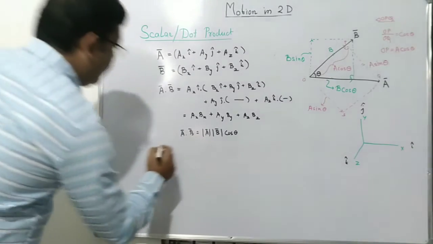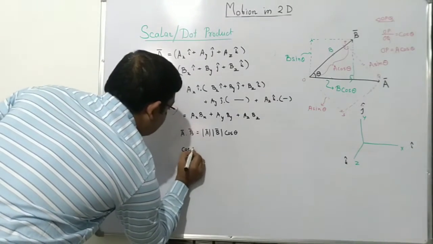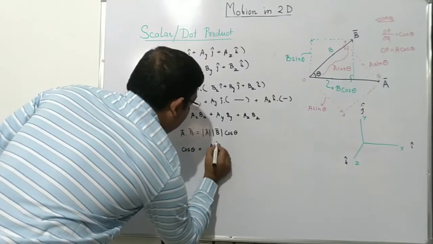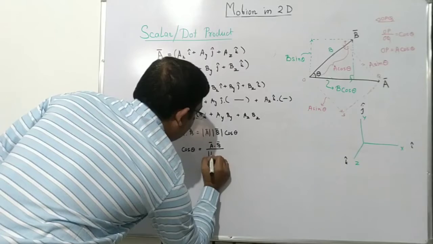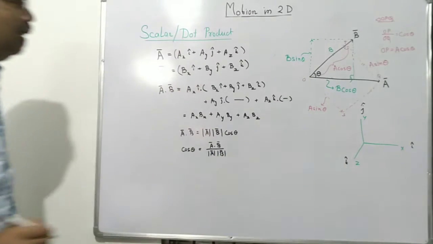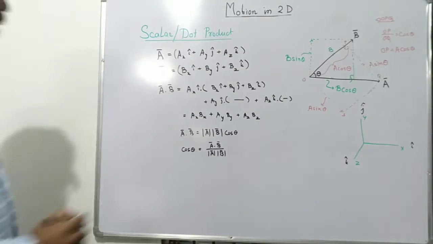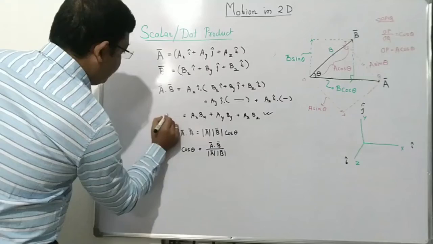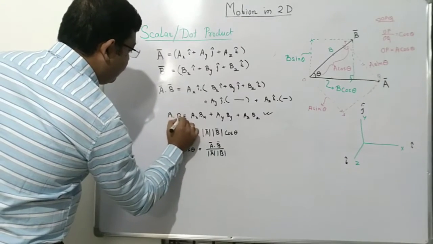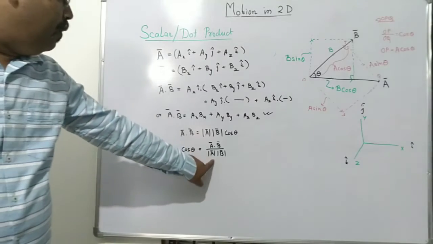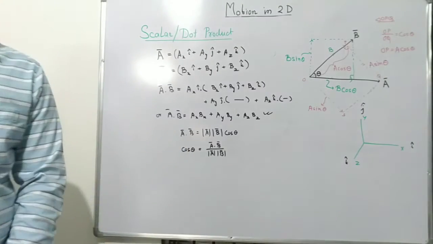Cross multiplication will give us cos theta equals A dot B by modulus of A into modulus of B. Now we have already seen A dot B is given by this equation. We don't have a problem with that. So we need to find how to find modulus of A.